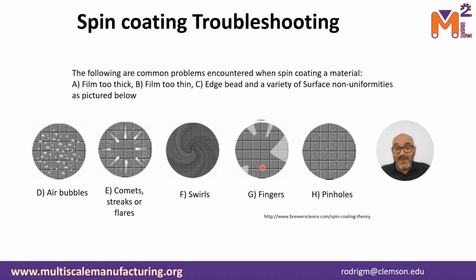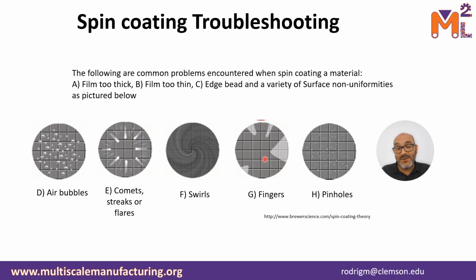Another very common problem is that of fingers. In the case of fingers, one reason can be that you did not pour enough material. Another common reason is that your substrate is not well centered on the spin chuck. If it is not well centered, the centrifugal forces will start moving the photoresist in different directions.